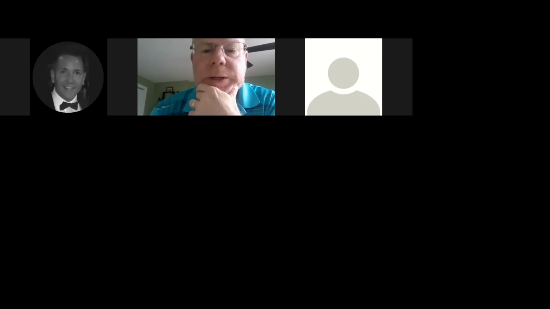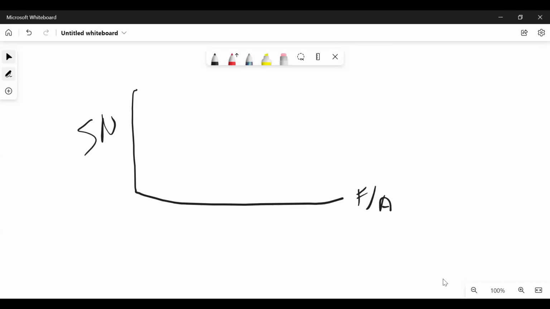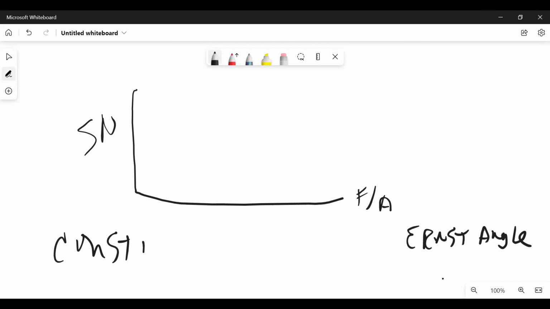Okay. Now I can share my screen. Okay, so as far as Ernst angle goes, for a given TR, so constant TR, as you increase your flip angle, you're going to get more signal. So flip angle is running this way.